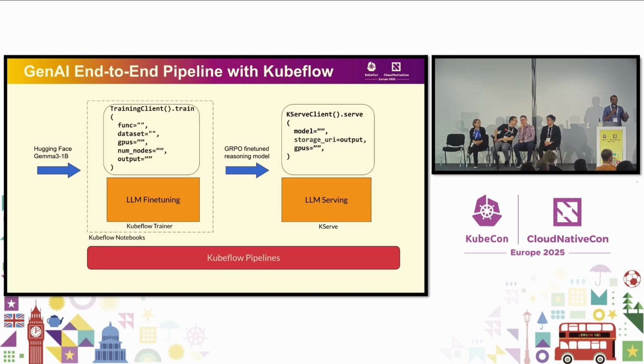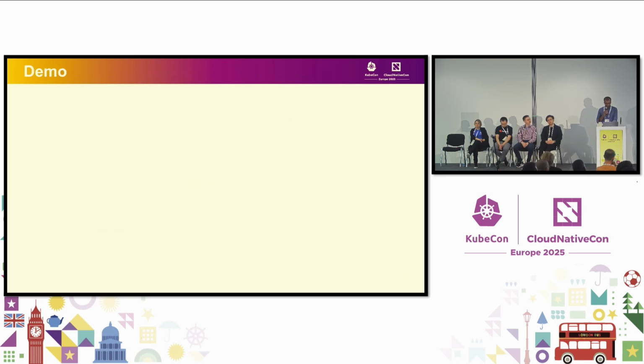The idea is to understand how the inference output is obtained, using GRPO, using the unsloth library. So the idea is to use the Kubeflow Trainer for doing the fine-tuning, and once we have the fine-tuned model, use KServe for the final inference. And the whole thing is stitched within the Kubeflow Pipelines.